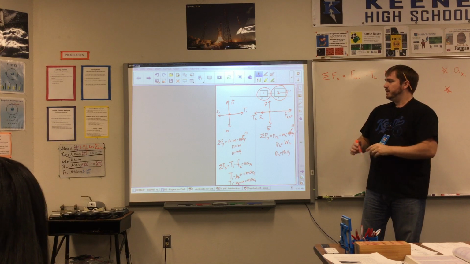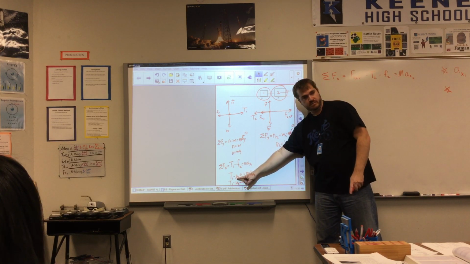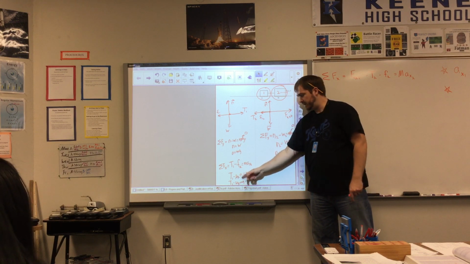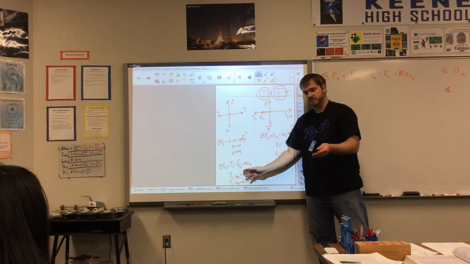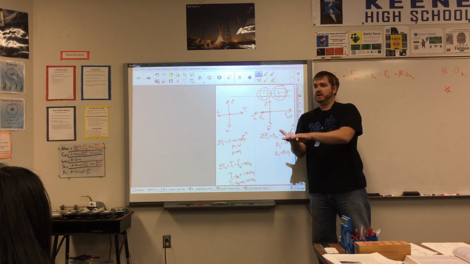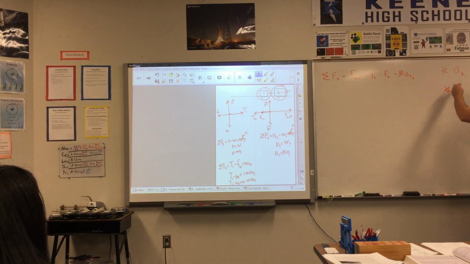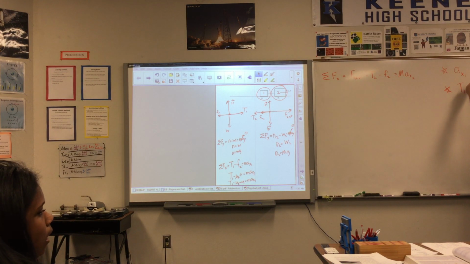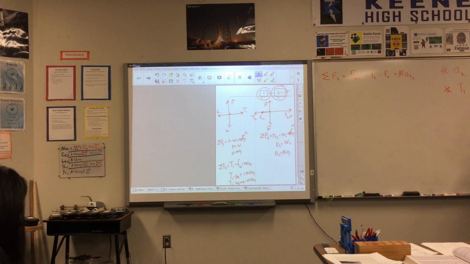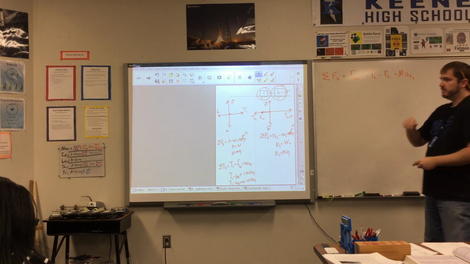Friction is not the same because friction force is based on the mass and the gravity. Technically, it's the normal force, which depends on the mass completely in this case, and that coefficient of kinetic friction. So, yeah, tension 1, however, equals tension 2. That's both sides of Newton's third law.